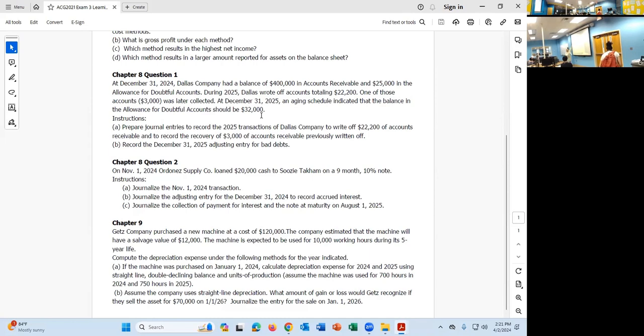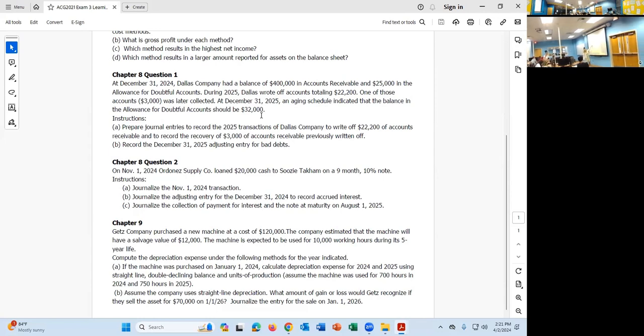So this problem gives the beginning balances in accounts receivable and the allowance for doubtful accounts, then it tells us that during the year we wrote off $22,200 worth of accounts receivables.